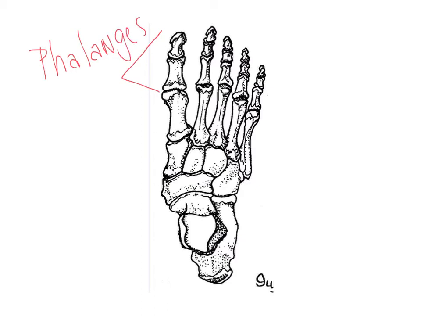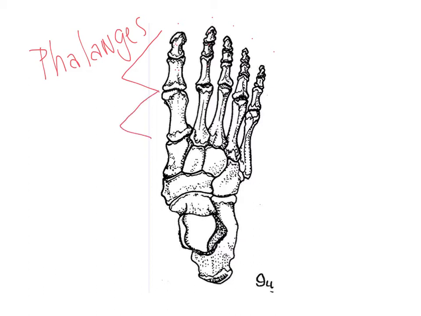It has two phalanges, whereas all the other toes have three. So if we count up the phalanges, 2 plus 3 plus 3 plus 3 plus 3 gives us 14. So there are 14 total phalanges in one foot, but the big toe just has 2, whereas all the other ones have 3.